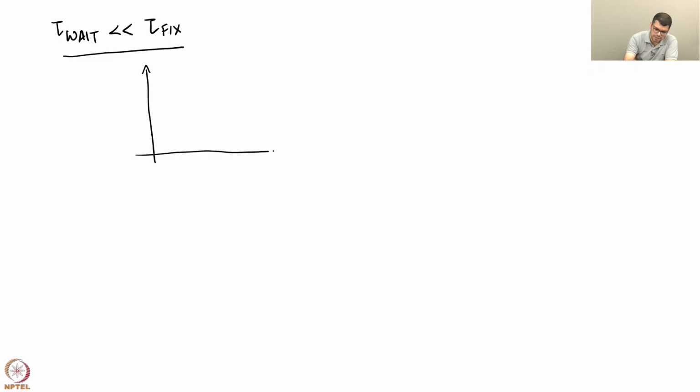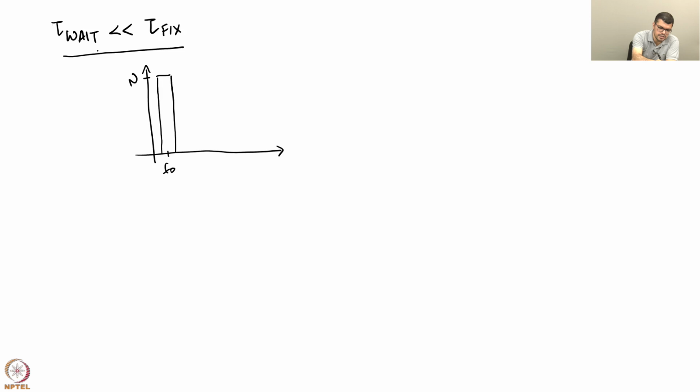So, in the first representation, we have a population at F naught and everybody is of fitness F naught. So, we start with an isogenic population.